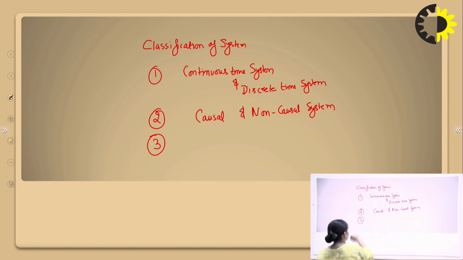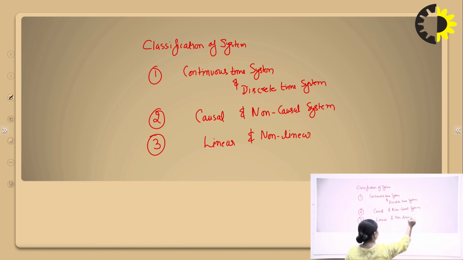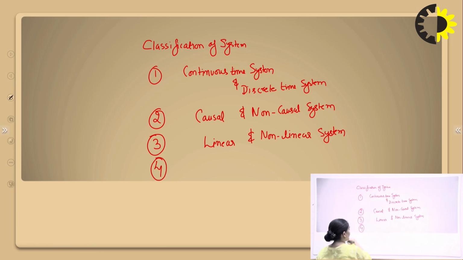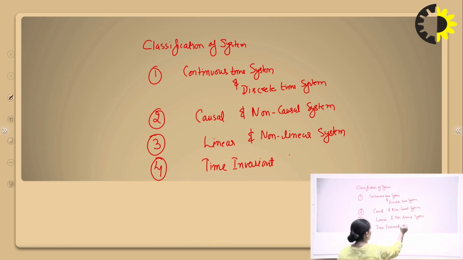Third, again depending upon how input and output are related, we have linear and non-linear systems. Fourth, depending upon the time relation between input and output, we have time-invariant and time-variant systems.